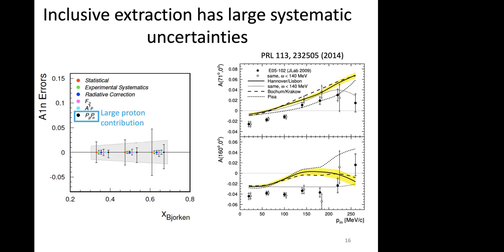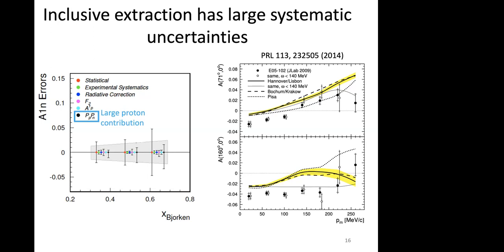So even though the polarization of the helium-3 is dominated by the neutron, and only a small contribution comes from the proton, at high x the asymmetry of the proton is getting bigger.